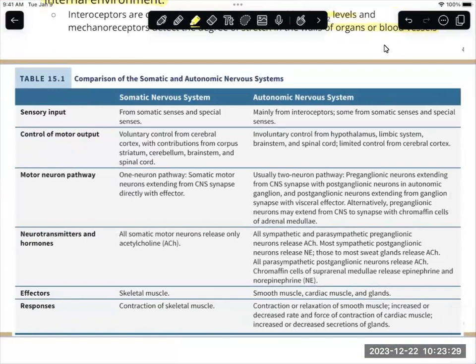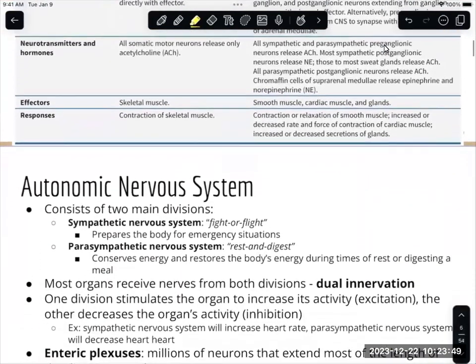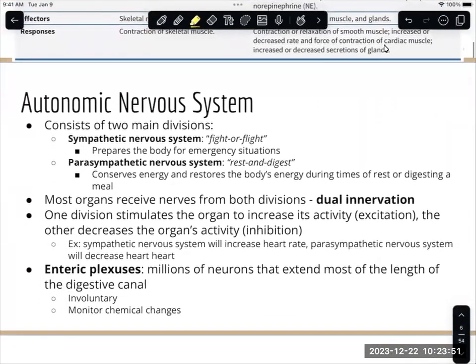So this is a really nice chart from your textbook that goes through and compares that somatic nervous system to that autonomic nervous system. How sensory information comes in, motor pathway out, what kind of neurotransmitters or hormones, what the effectors are, what the different responses are. So in our autonomic nervous system, we have this sympathetic, the fight or flight.